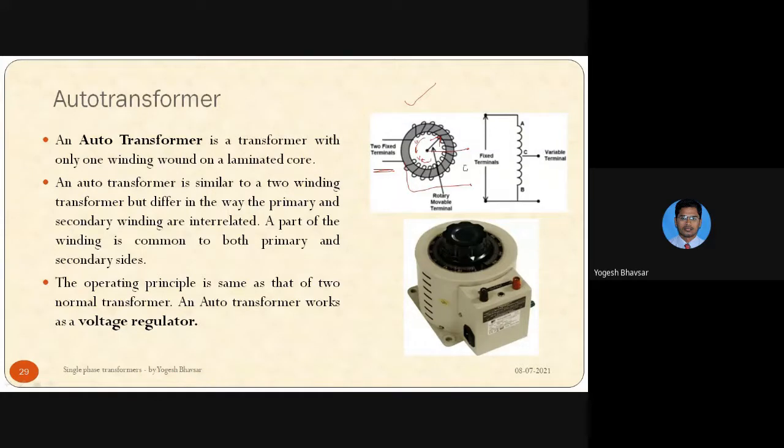This is the output side, and this is the input side, right? Input is given to the complete winding, and at the output there is one rotary contact, which is the neutral point common to primary and secondary. According to this arrangement, we are getting variable voltage at the output.